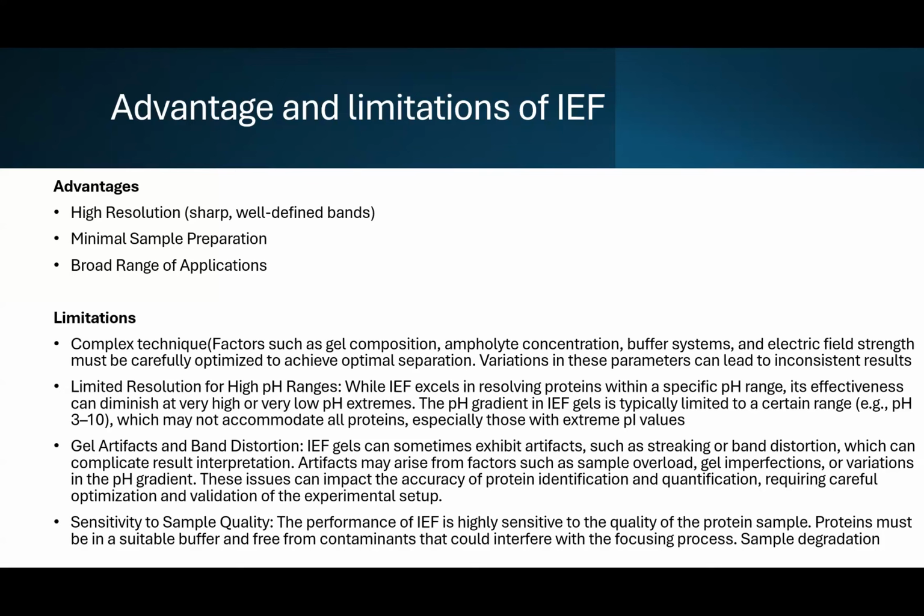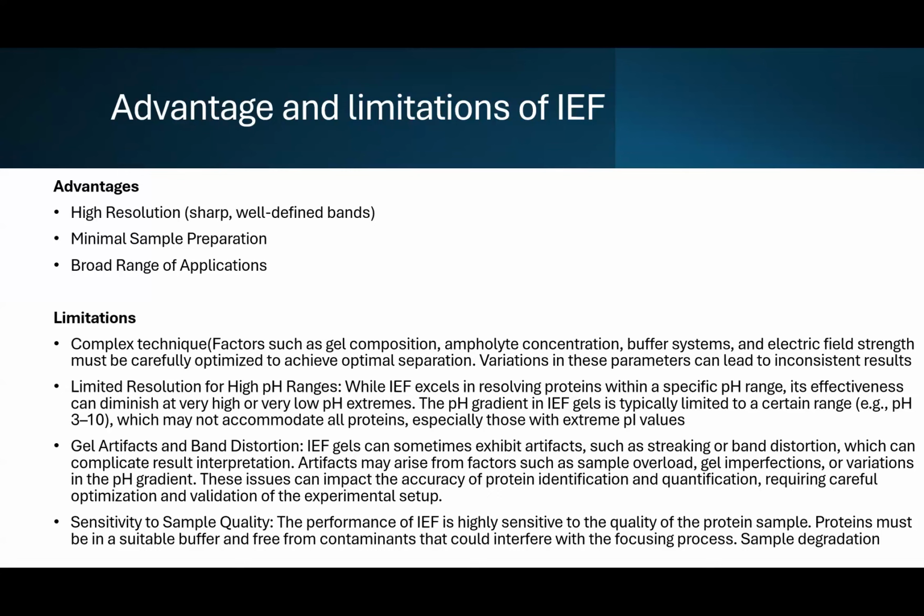All of these should be very carefully optimized to make sure that we get a good separation. One of the other limitations, which is specific to IEF, is that you have a specific pH range in IEF, so proteins that have their isoelectric points outside that pH range cannot be separated properly.